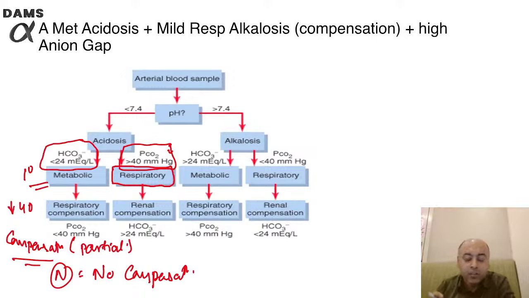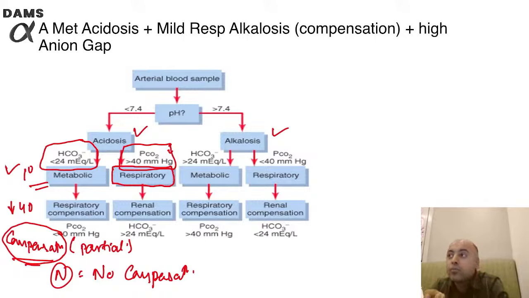First you have to make the diagnosis of acidosis or alkalosis, then whether it is metabolic or respiratory in nature. Once you have made the diagnosis, if required, you try to identify whether the compensation is there or not. In this case, your expectation is that the PCO2 value, instead of being more than 40, is going to be less than 40.